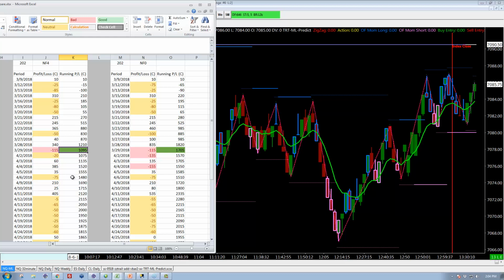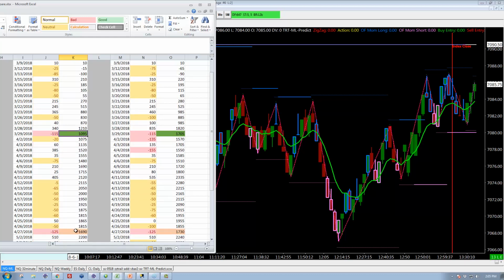Quite a bit less. My read on that would be that the method for trying to stay out of the chop just keeps you out of stuff that you want to be in, and the filtering mechanism of being above or below the 9 EMA is doing a good enough job. And then here it is at the end of April, and you'll see actually that it's kind of caught up to each other.